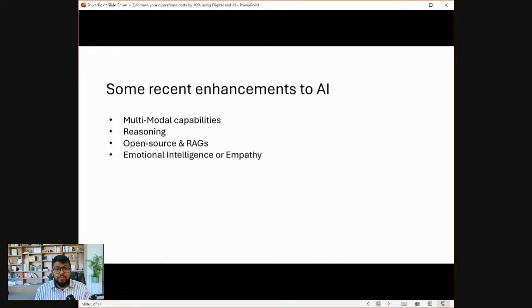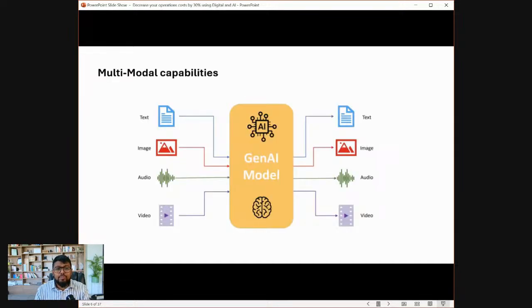There are four main recent enhancements that have happened to AI. The very first one is multimodal capabilities. Initially, when ChatGPT was launched, it received text input and produced text output. But now the large language models that we are seeing are not just based on text.